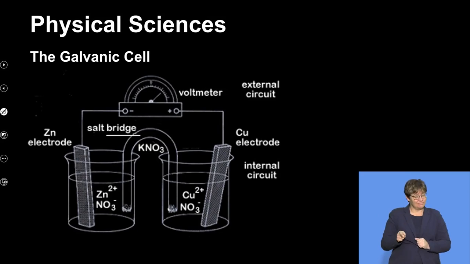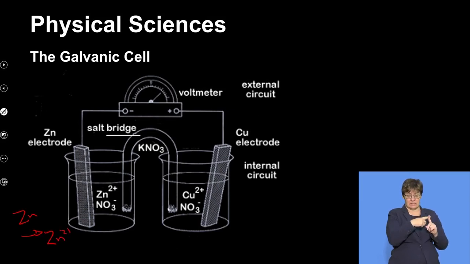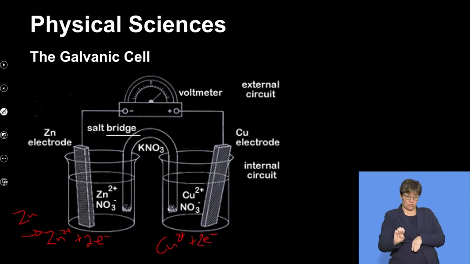In this case, zinc is going to form zinc 2 plus and 2 electrons, because zinc is a more reactive metal than copper. On the copper side, copper 2 plus ions in solution gain 2 electrons to form copper.